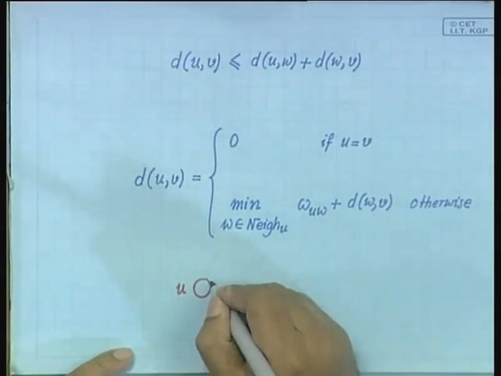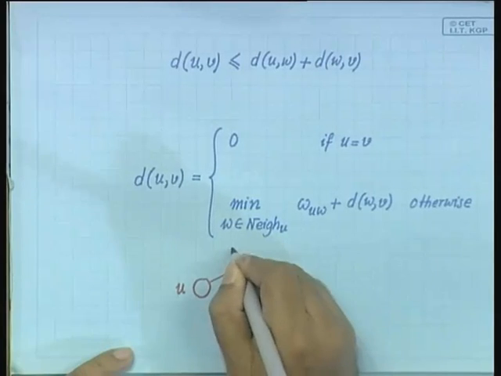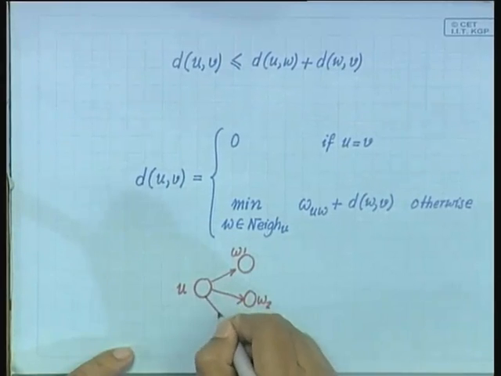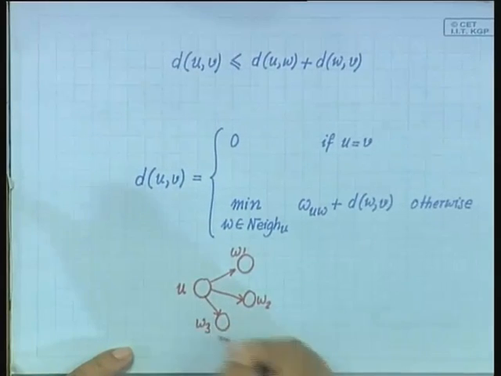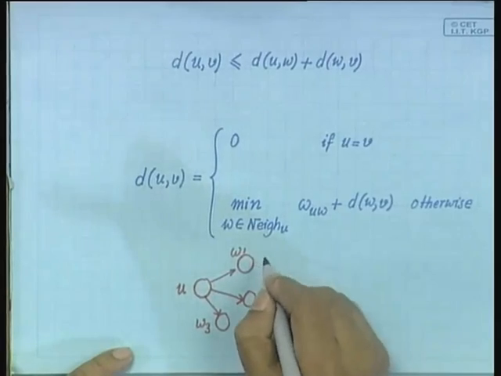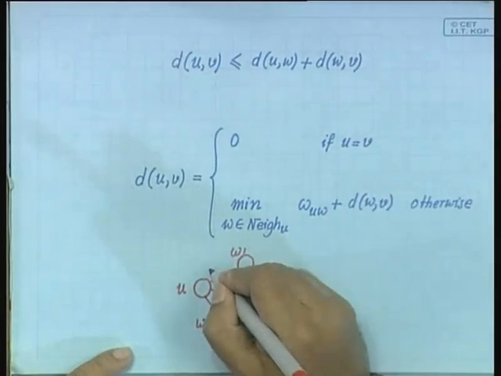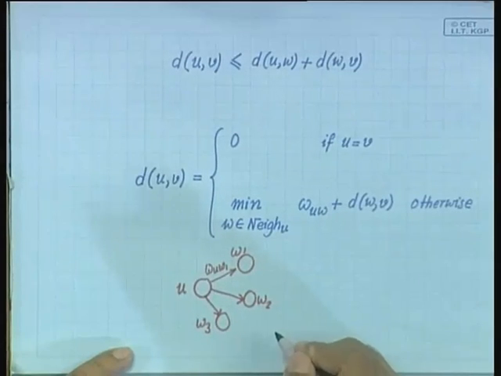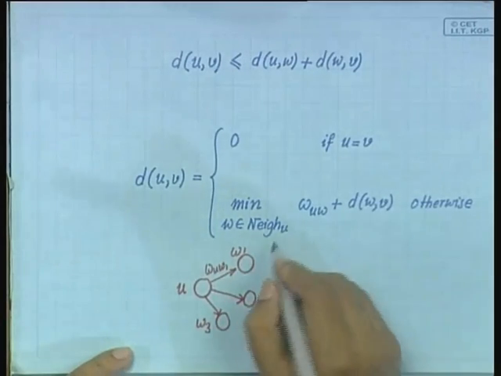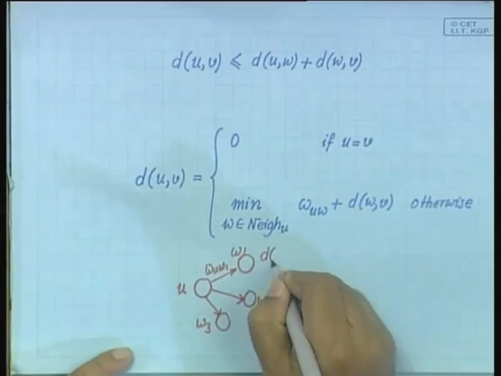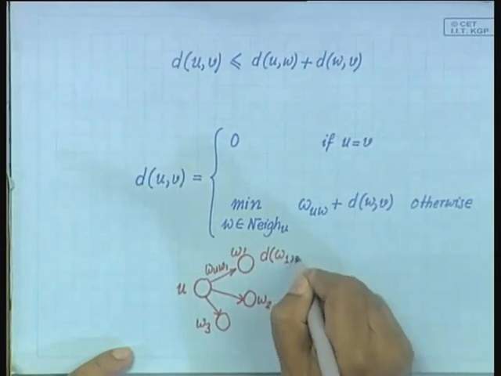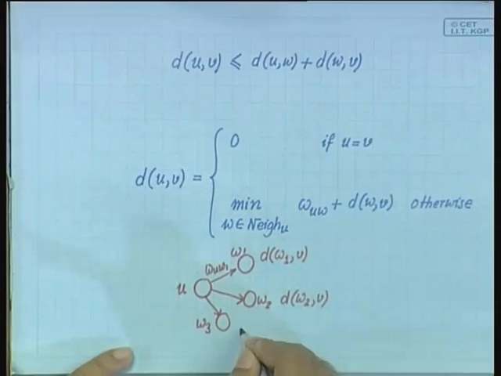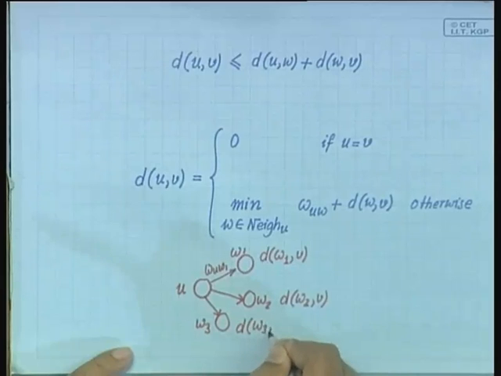So, I have neighbors w1, w2, w3, etc. This is the weight w_uw1, and similarly these two weights are there, and suppose I am given the distance d_w1v, the distance d_w2v, and the distance d_w3v.